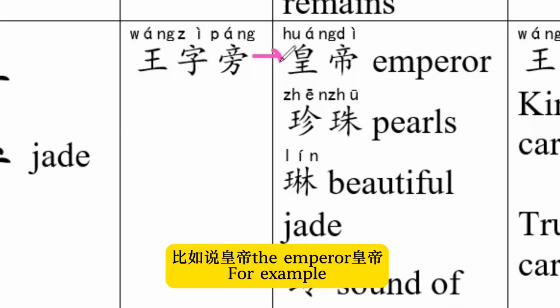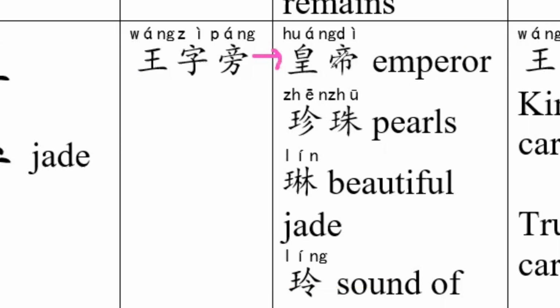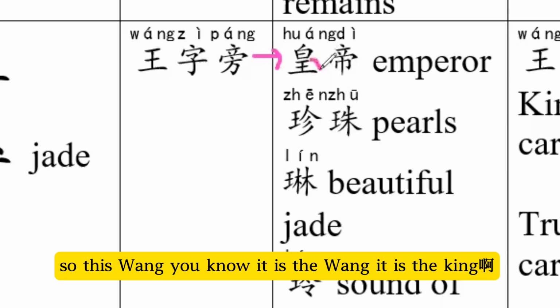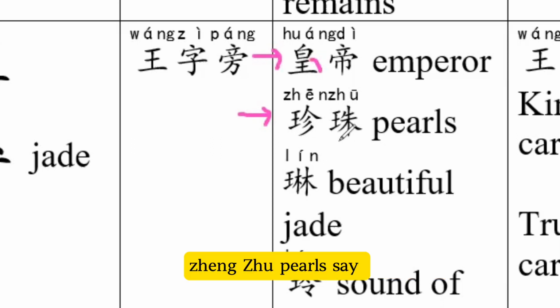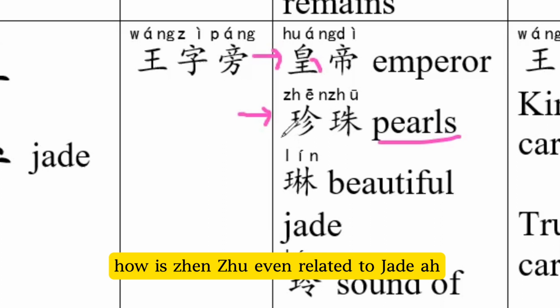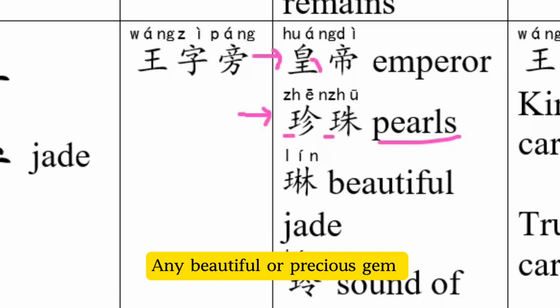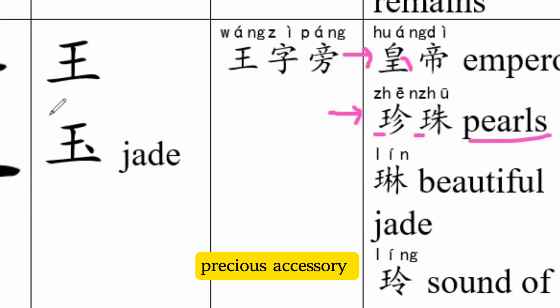比如说皇帝, the emperor, 皇帝. So this Huang, it is the Wang, it is the king. But then from then on, we have 珍珠, pearls. So how is 珍珠 even related to jade? Meaning a beautiful or precious gem, precious stone, precious accessory.